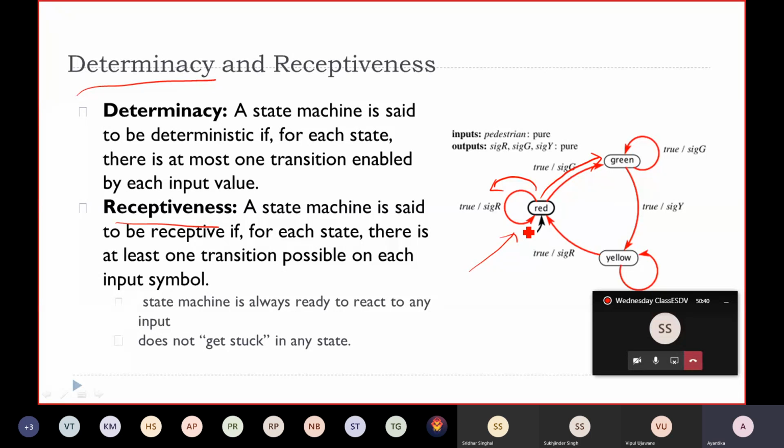Based on that, whatever transition conditions you have defined, is there any ambiguity that may lead to a situation where your state can make a transition to more than one state? That non-deterministic behavior should be avoided for proper design of your complex system.